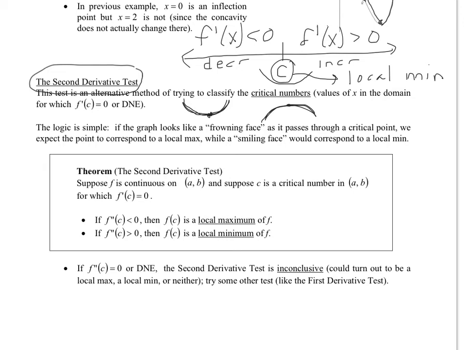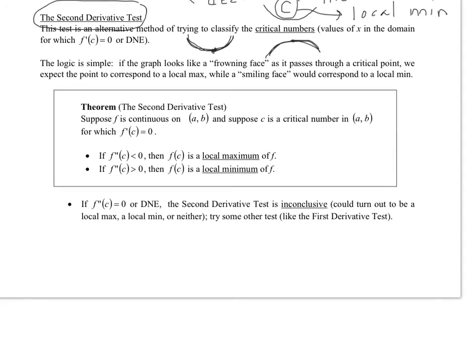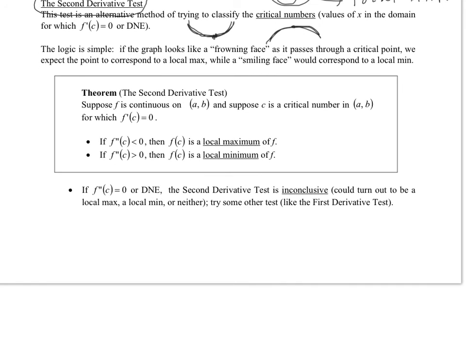And what is it that tells us whether a graph looks like a smiling face or a frowning face? Well, that would be the sign of the second derivative. So that hopefully makes sense out of the following theorem, which is known as the second derivative test.